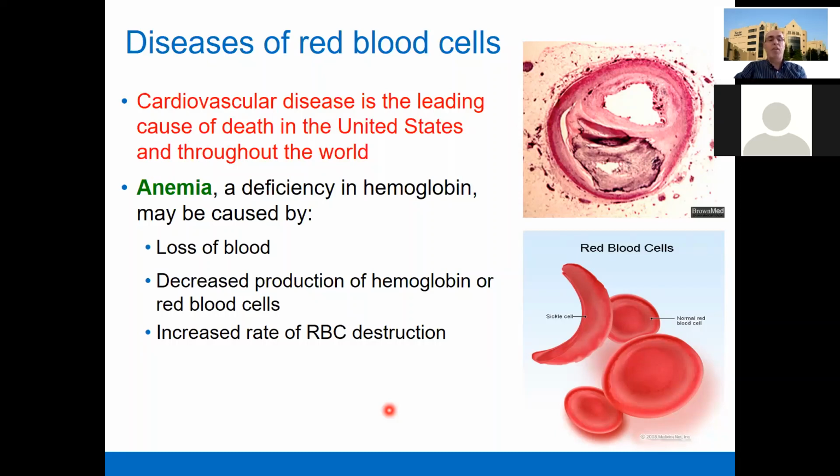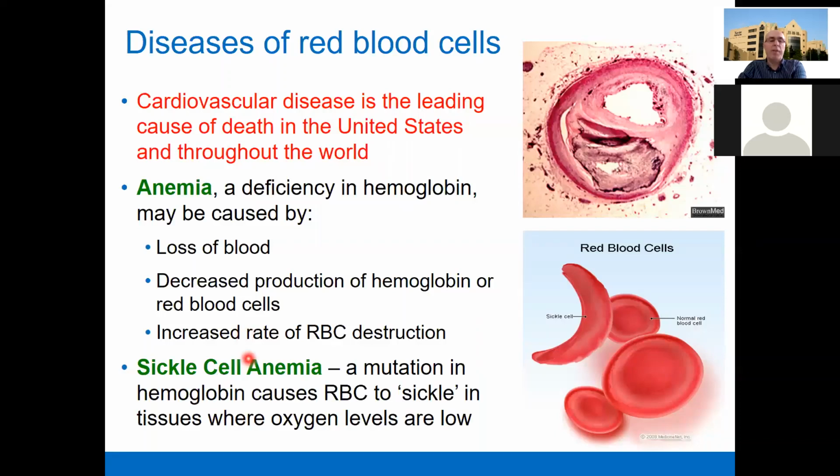Loss of blood, decreased production of hemoglobin, or an increased rate of red blood cell destruction cause anemia. Lack of iron intake may also cause anemia, because iron is an important element of hemoglobin, needed to bind oxygen and carry it to our cells.